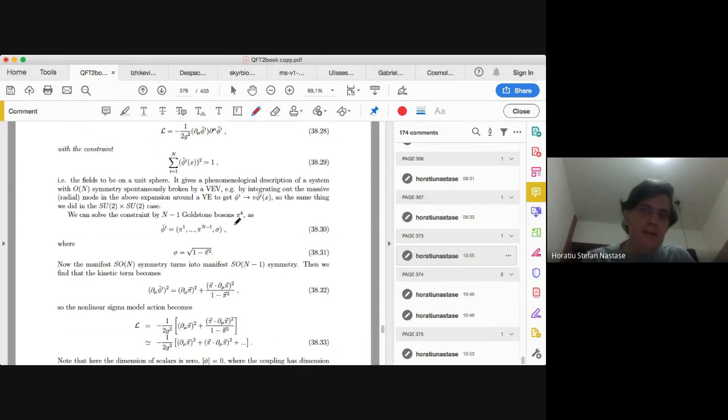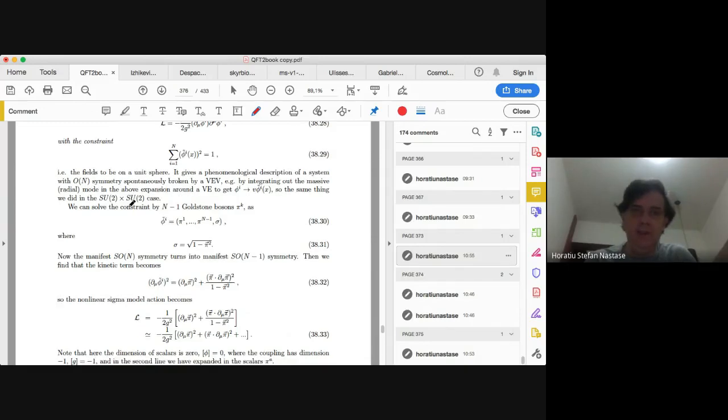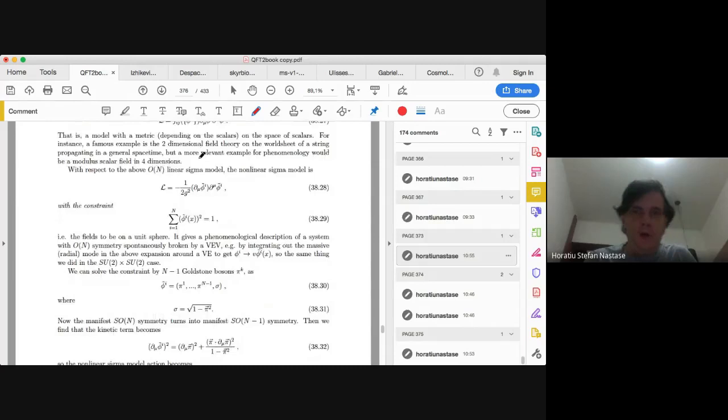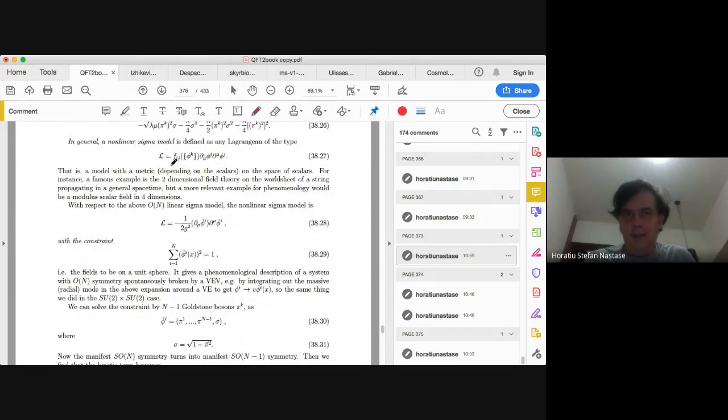So this is really the same physical picture as what we did in the phenomenological description in terms of SU2 cross SU2.